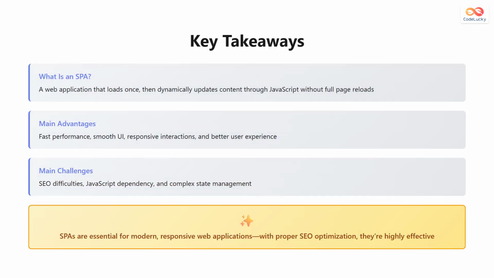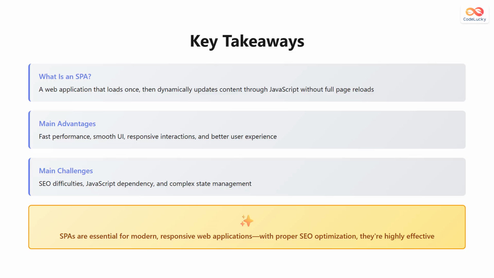Let's summarize what we have learned about single-page applications. A single-page application is a web application that loads a single HTML page and then dynamically updates content through JavaScript without any full-page reloads. The main advantages include fast performance, smooth, responsive user interfaces, excellent mobile compatibility, and better user experience.